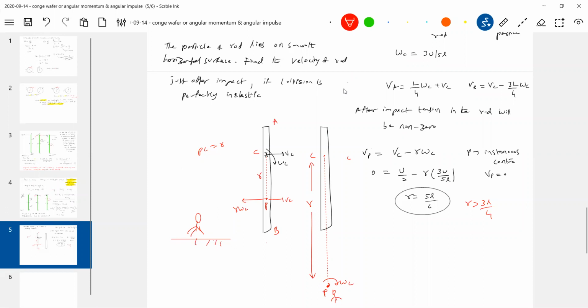Then what will this person comment? Center of mass is moving straight with a velocity Vc, and all points are rotating with omega C about center of mass. Both comments are totally different.